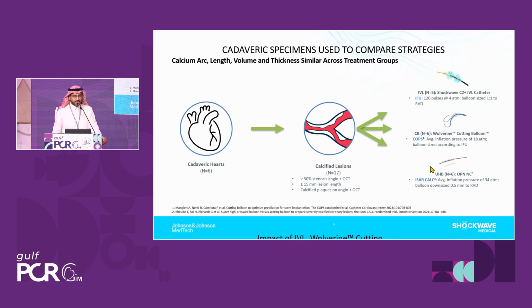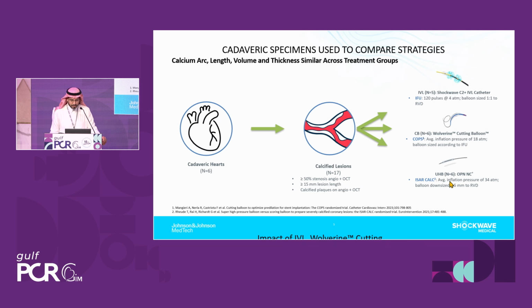So they categorized them to 5 lesions that go to the Shockwave with the C2, and they use 120 pulses, the Wolverine cutting balloon on 6 lesions, and the OPN high pressure balloons on 6 lesions too.